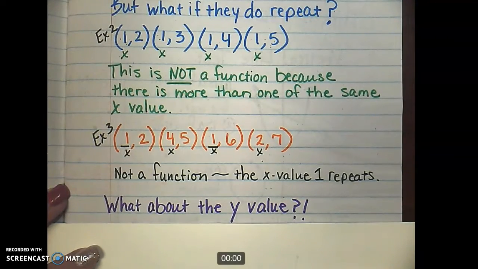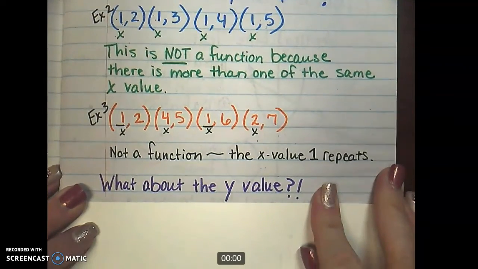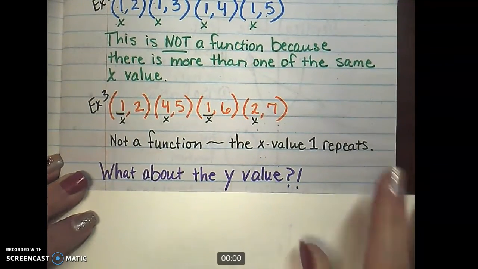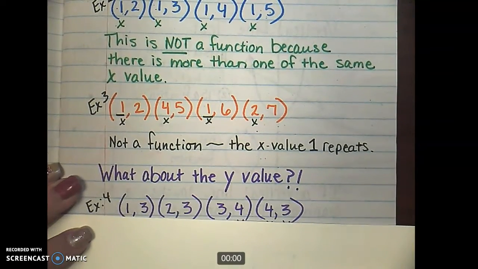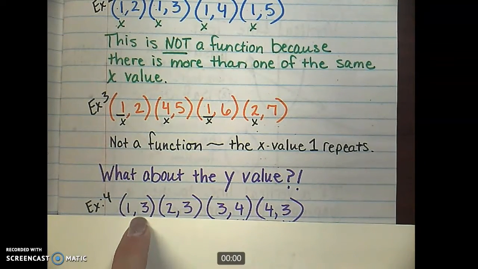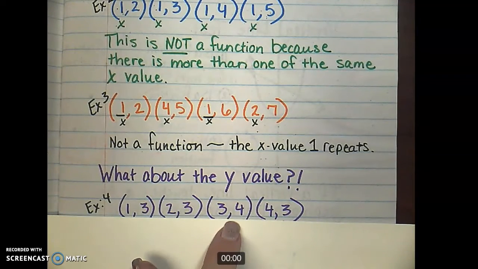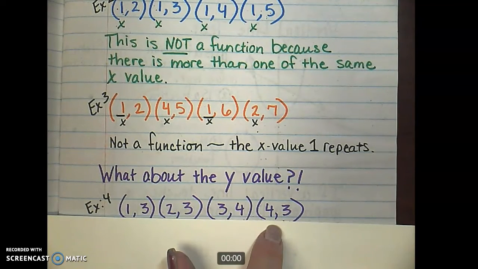So what about the y value? Does that have anything to do with it being a function? Here is a set of ordered pairs: 1, 3, 2, 3, 3, 4, and 4, 3. It does not matter if the y value repeats.